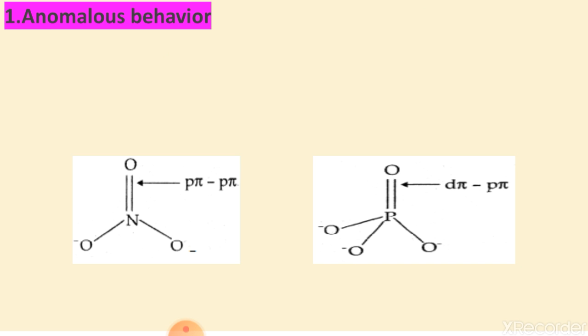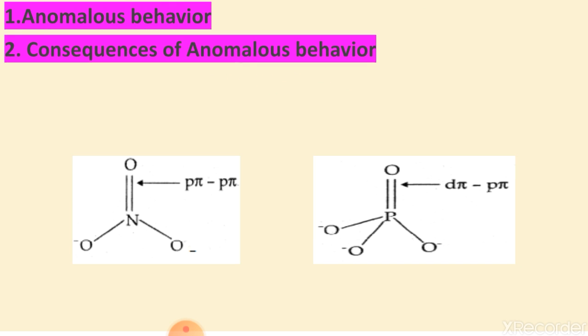Second, the consequences of the anomalous behavior, that means the result of anomalous behavior. So here the first element in p block elements has 4 valence shell orbitals, that is one 2s and three 2p. Therefore the maximum covalency of the first element is limited to 4.